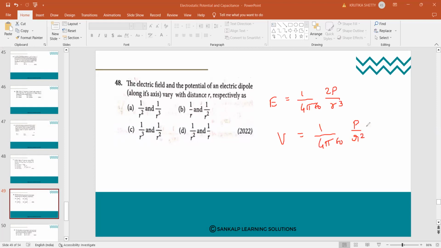So from the expression you can just tell it by yourself. It is option B or C. Yes, it is C. Correct. Electric field is inversely proportional to r cube, then the potential is inversely proportional to the square.